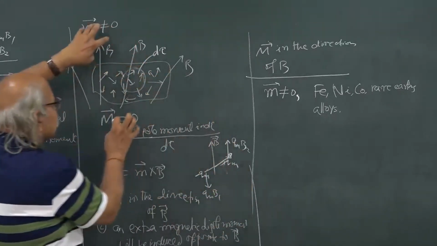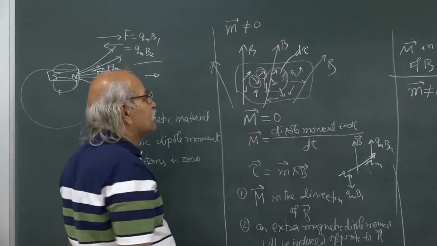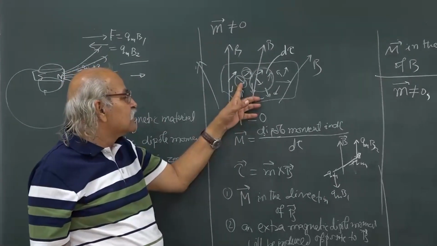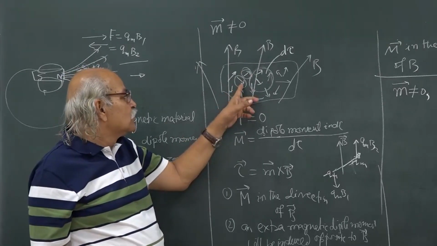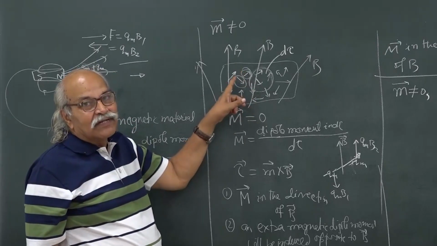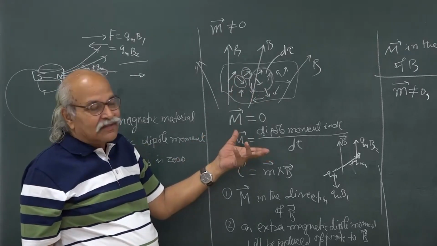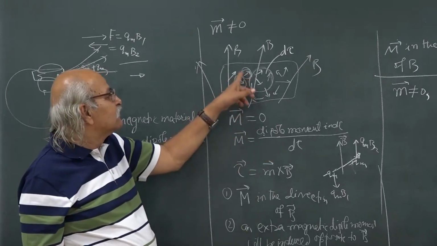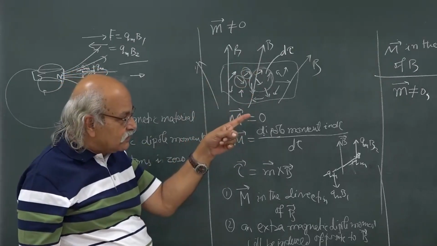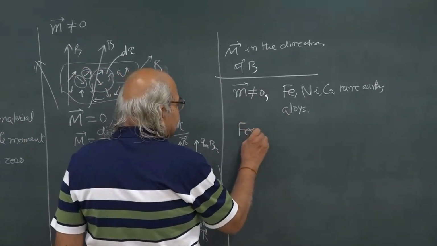So, in the paramagnetic case, you have an atom here and this is the neighboring atom, let us say, but then there is no special effort by these atoms to make these magnetic moments parallel or anti-parallel to each other. They are all randomly oriented. Because of the thermal motion, this can move in some way, this can move in another way and so on. But here you have materials which are, let us say, ferromagnetic materials.